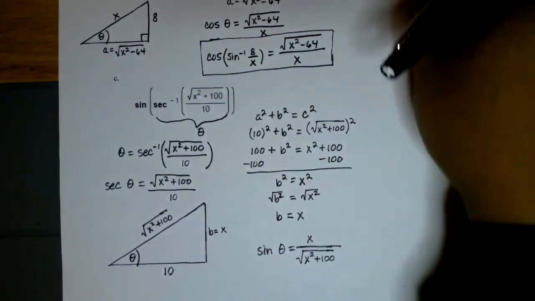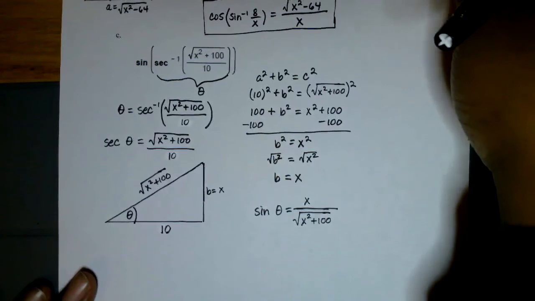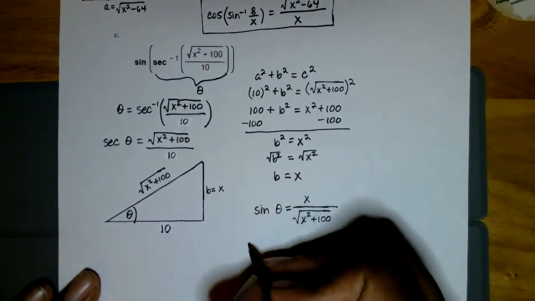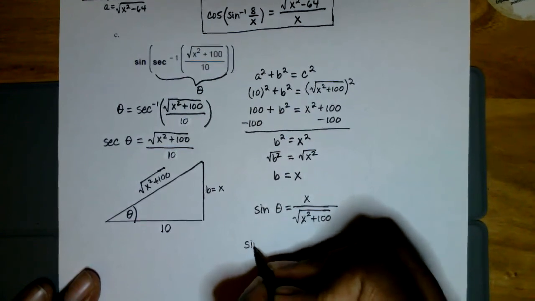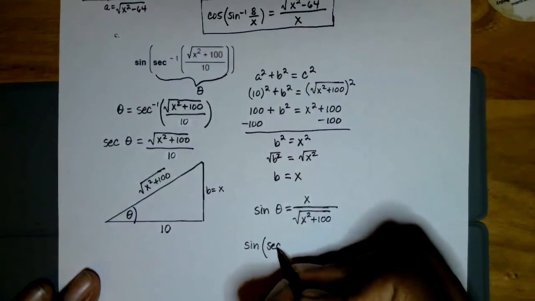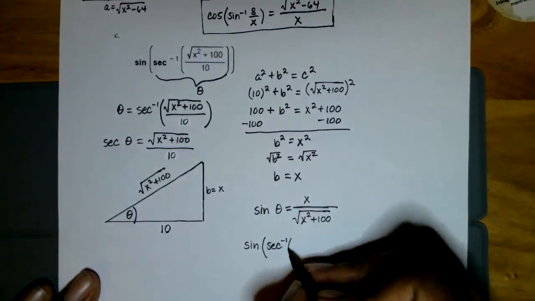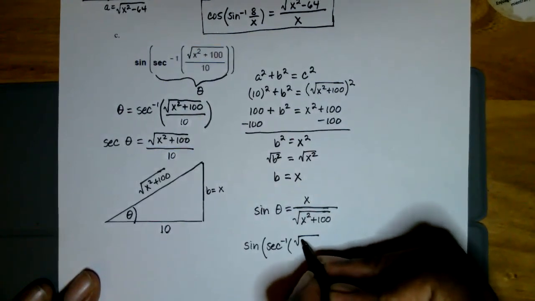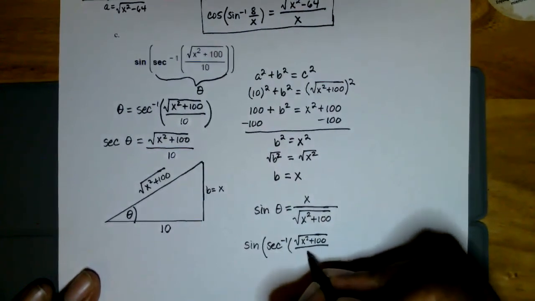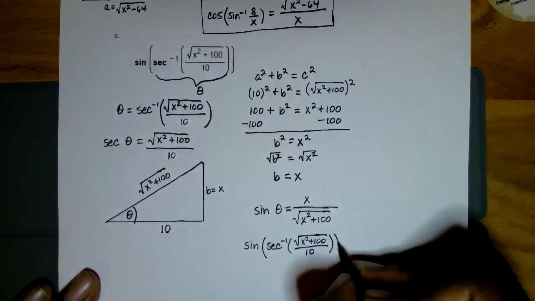And then I replace my theta with the inverse secant of the square root of x squared plus 100 all over 10. So the final answer there will be the sine of the inverse secant of the square root of x squared plus 100 divided by 10.